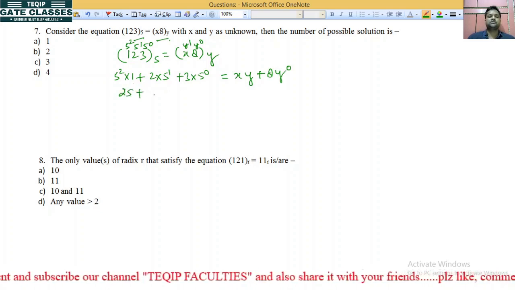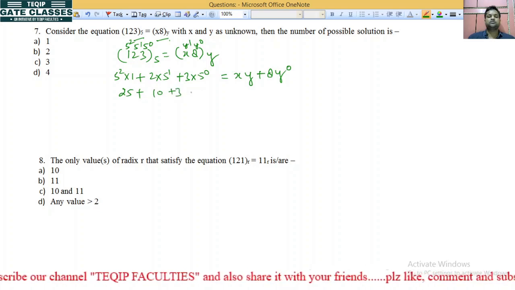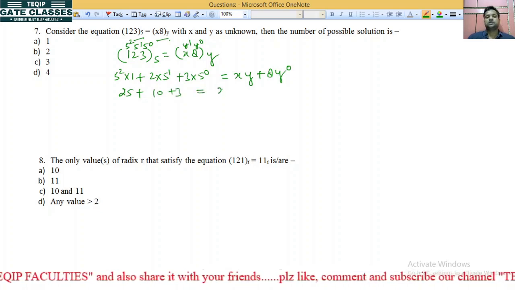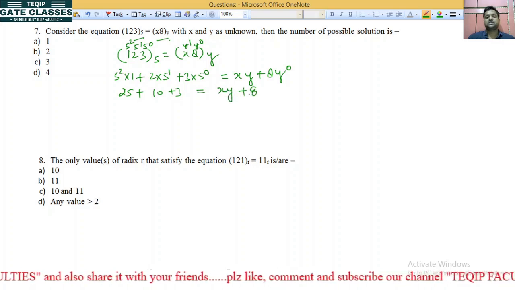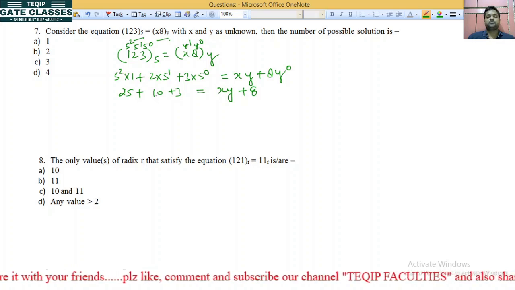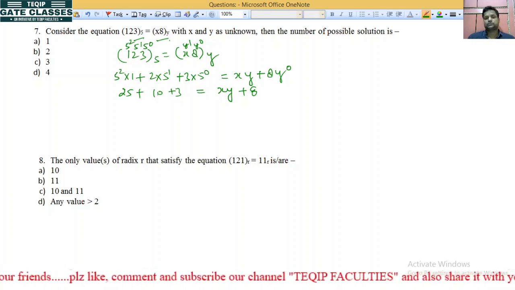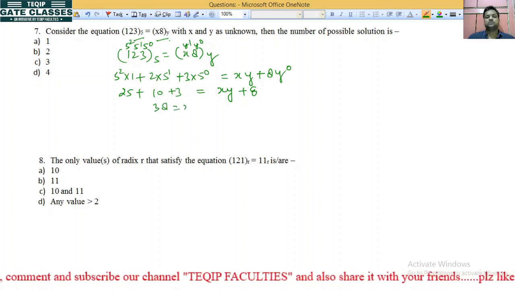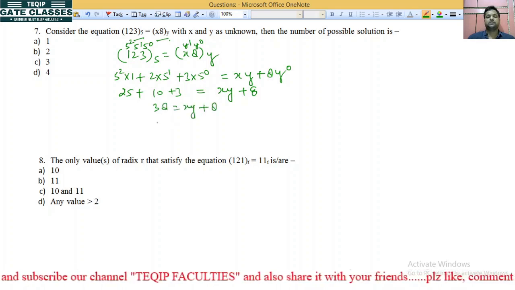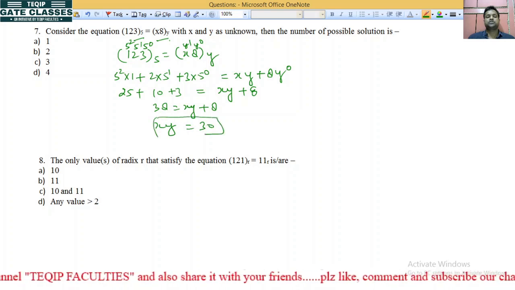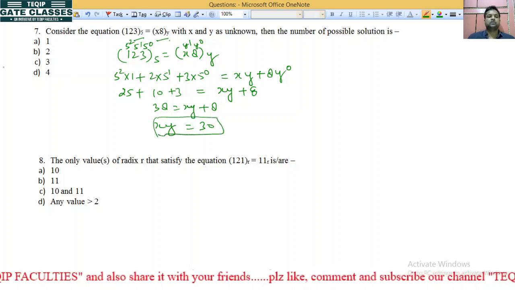It will be 25 plus 10 plus 3 equal to xy plus 8. 35 plus 3 is 38, so 38 equal to xy plus 8. xy is equal to 30. This is the relation, okay na?